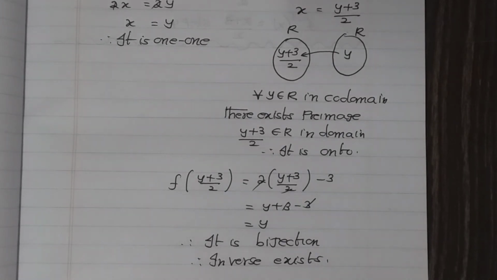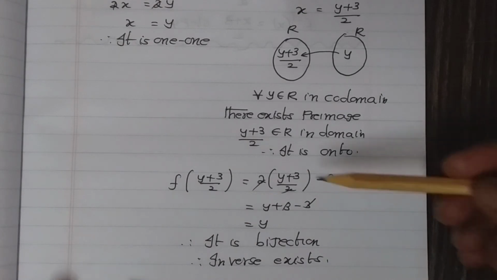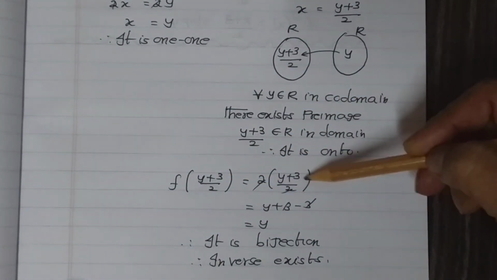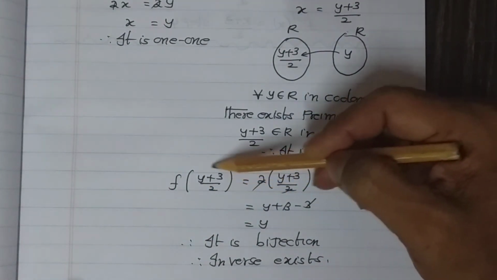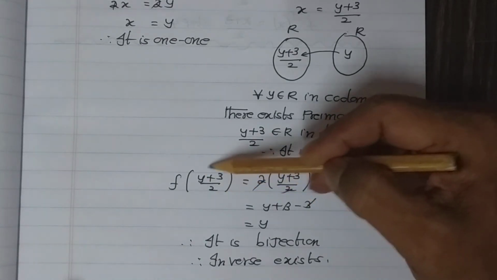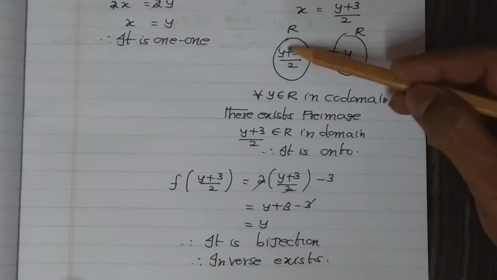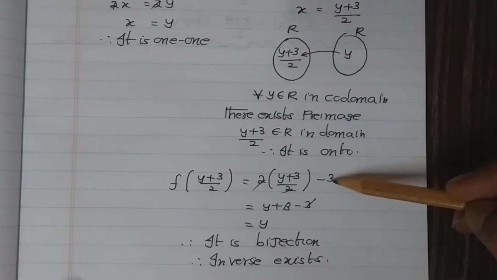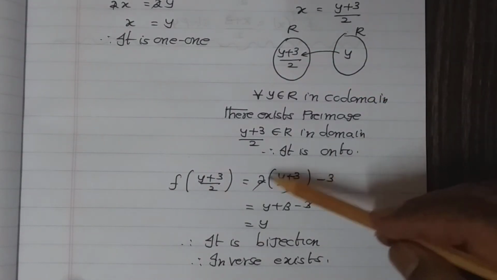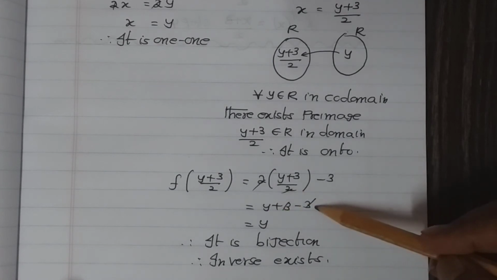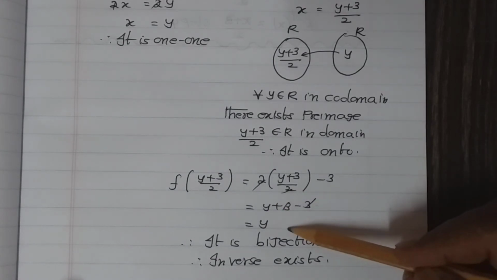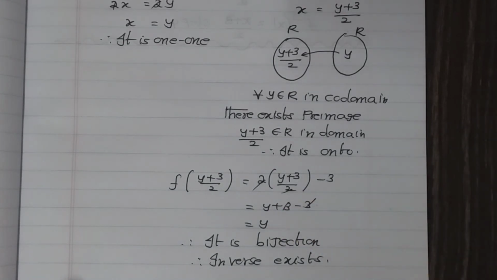If you want to verify, you can check like this. f of x is equal to y. What is the definition of f of x? 2x minus 3. So 2 into the x value, y plus 3 by 2, you have to put, minus 3. Same as we did in the exercise. 2 gets cancelled, y plus 3 minus 3. 3 gets cancelled. That is equal to y. So it is a bijection, so inverse exists.